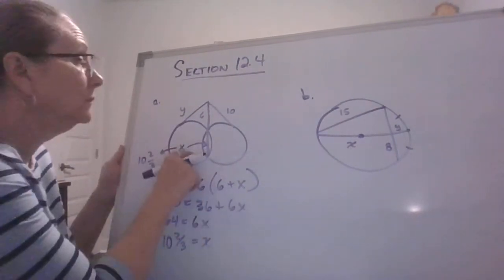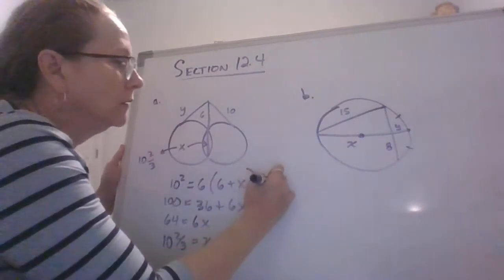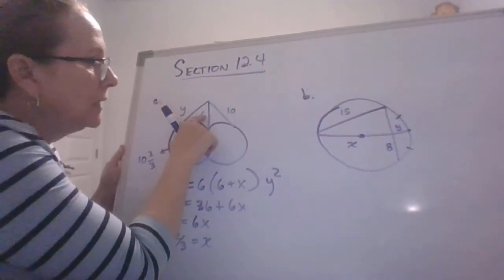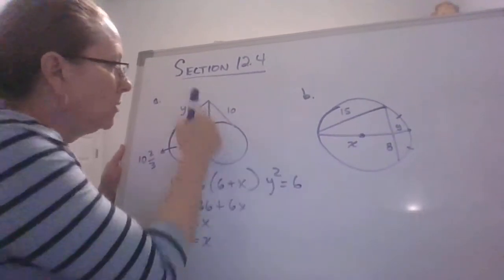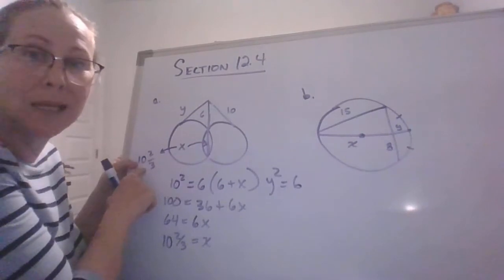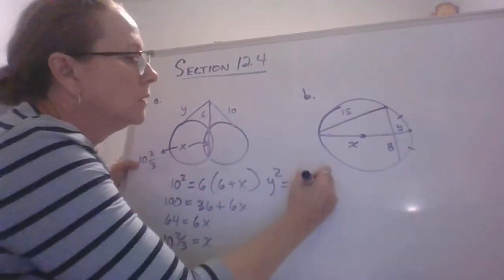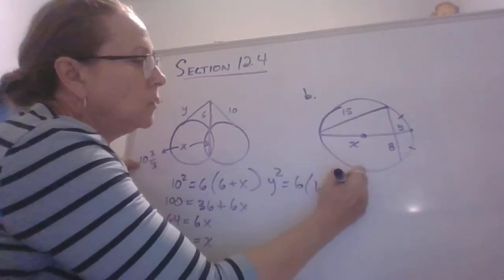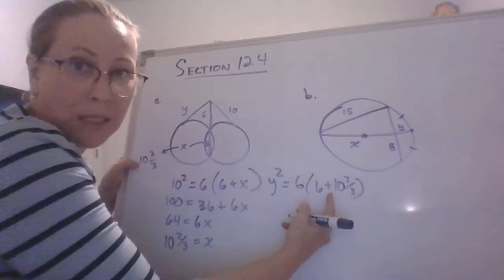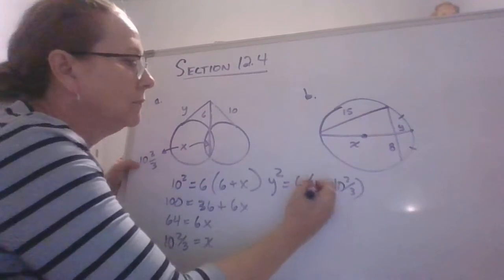So now we've got y squared. That's our new tangent over here. And 6 is our external secant segment here. But 6 times x will be now 6 times 10 2/3. 6 plus 10 2/3. So does that mean that this is 16 2/3? Yes.